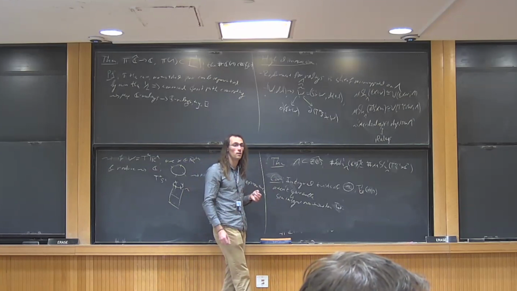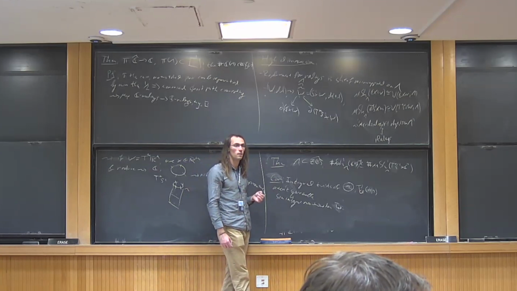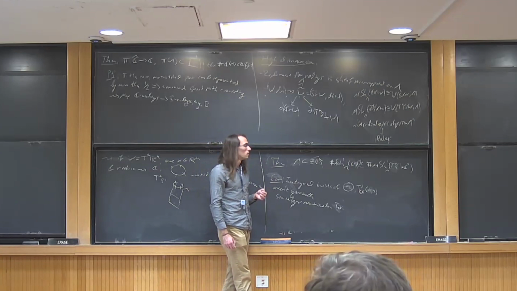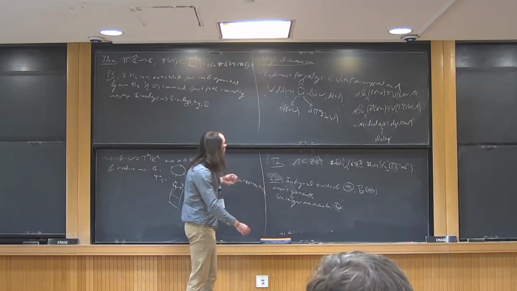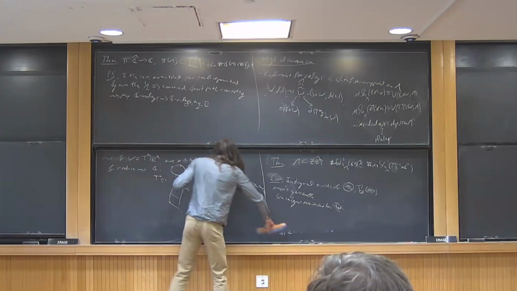Can you explain what's the symplectic holomorphic curve type invariant that all this would correspond to? Oh yeah, sure. Okay, I'll just erase this.